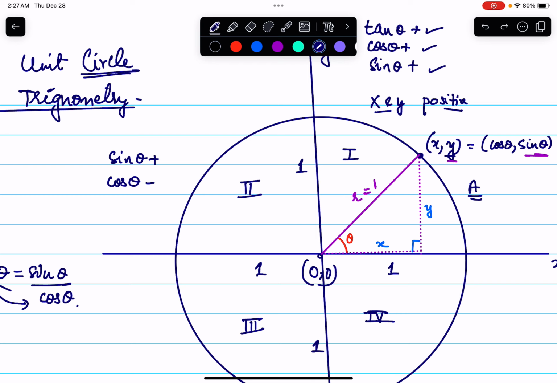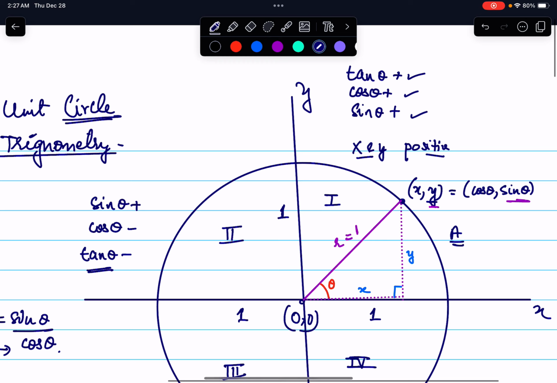And if we know that tan of theta is sine of theta by cosine of theta, so if cosine of theta is negative, then tan of theta is also negative, okay? So therefore, in the second quadrant, only sine is positive, only sine, okay?